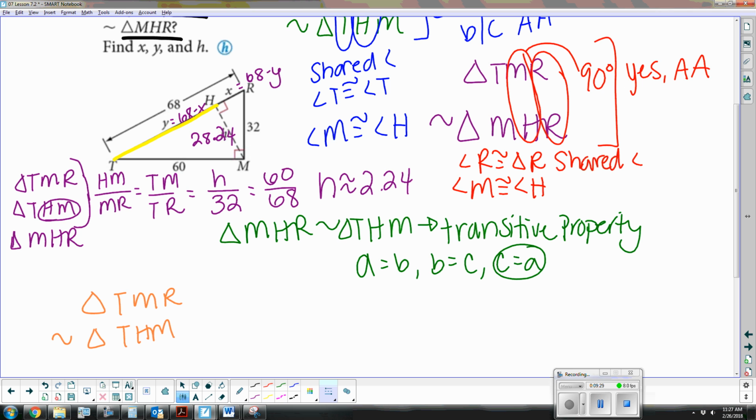And I'm looking for TH. So I'm going to use that in my ratio. So the equivalent for the similar side is TM to TH.